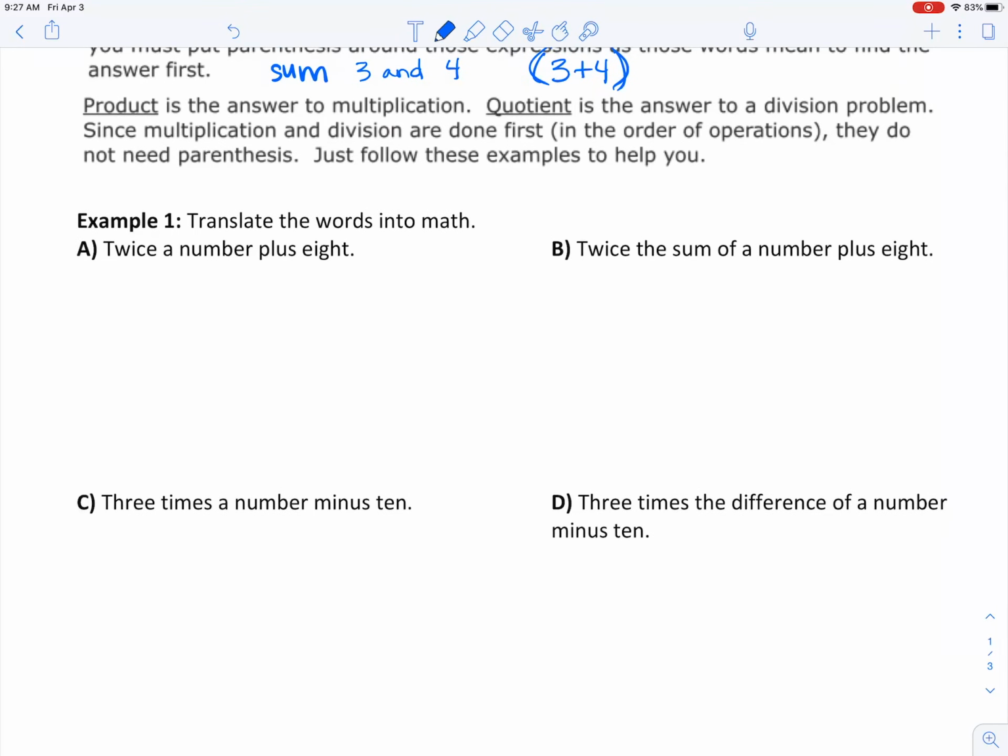Example 1. Translate the words into math. So letter A says twice a number plus 8. Okay, I'm going to go ahead and write down, I know that 8 is the number 8. Plus looks like this. A number, we don't know what that is, so I'm going to use the letter n.